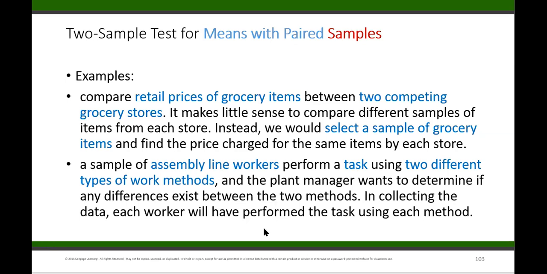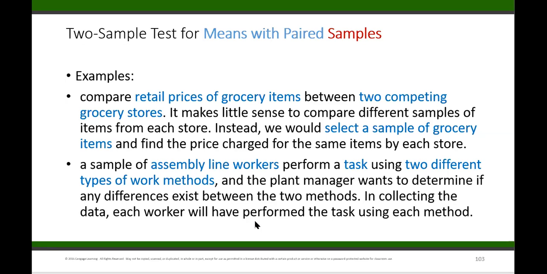The second example is when you have a change in system, and you want to study the effect of that change on the performance of people, the performance of the workers in this case. A fair way to do this analysis is to pick a sample of workers and then see how they've done their work before implementing that change and after implementing that change, whatever the change is, right?